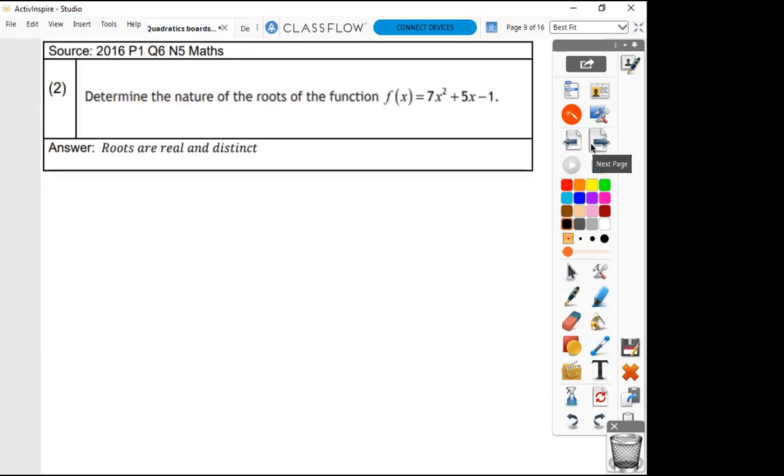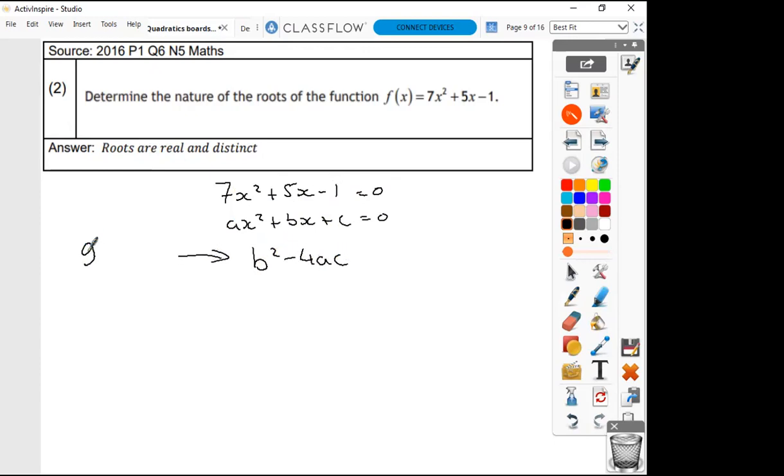Determine the nature of the roots of the function. Again, go through our same process. 7x squared plus 5x minus 1, just equate that to 0. ax squared plus bx plus c. b squared minus 4ac. Remember that part is given, you don't need to remember that part.